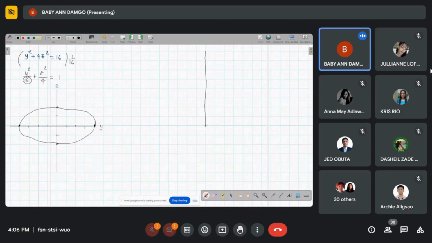So i-assume nga this is our vertices and then our y is 4. So 1, 2, 3, 4. Okay. And then, so for z is 2. So 1, 2, 1, 2.